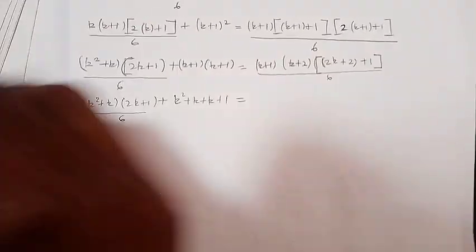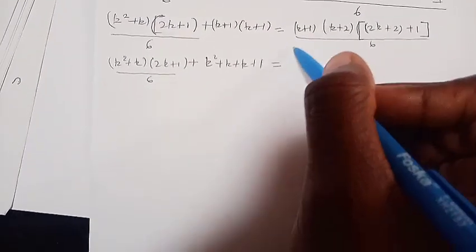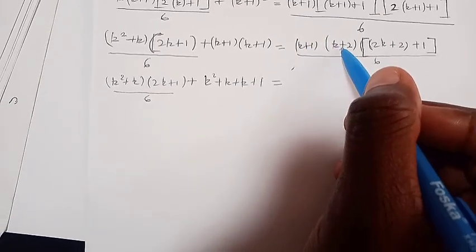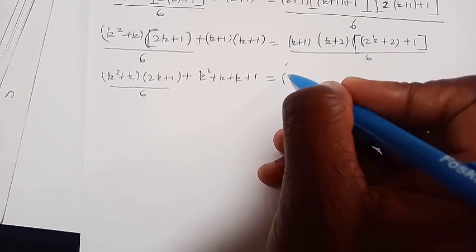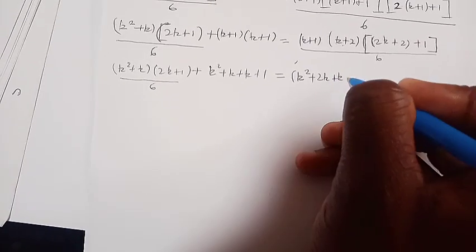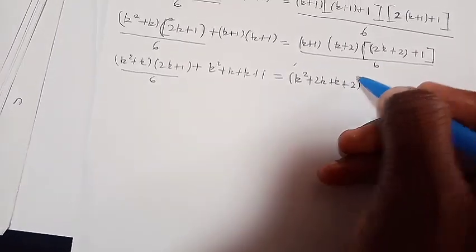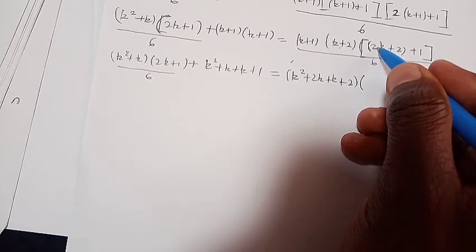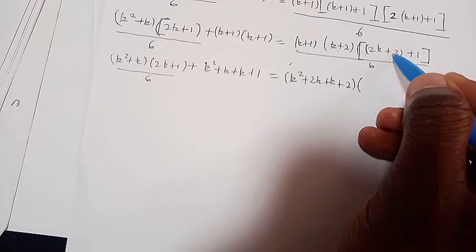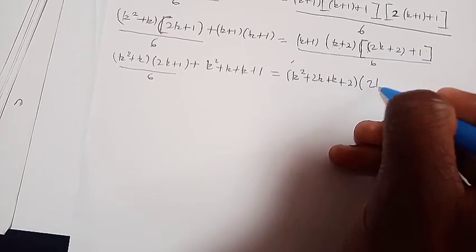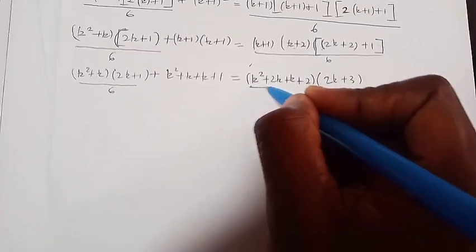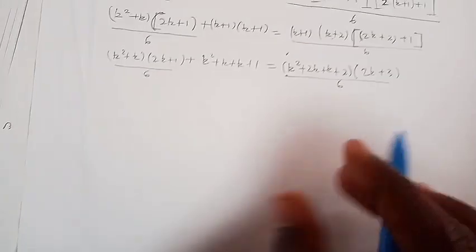Then I move to the other side of the equal sign, and I'm going to multiply k plus 1 with k plus 2, and what do I get? I get k squared plus 2k plus k plus 2, then I close my bracket, and then I multiply it with this. If this 2k is multiplied by 1, it becomes 2k plus 2 plus 1. So if we add 2 plus 1, we get 3. So we are left with 2k plus 3. Then we divide this entire expression by 6.